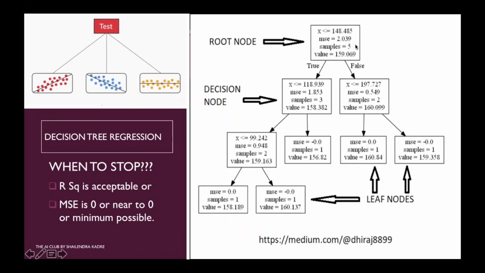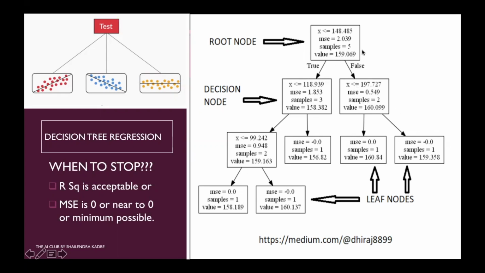In the root node we have some feature X, and the decision is: if X is less than or equal to 148, we split on that decision. After splitting, we got the MSE of 1.853. These are the various values received after splitting.